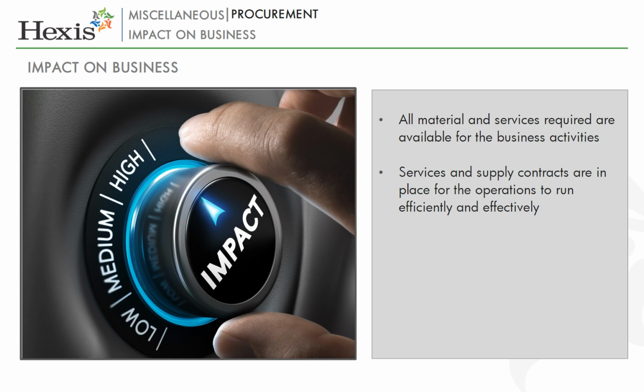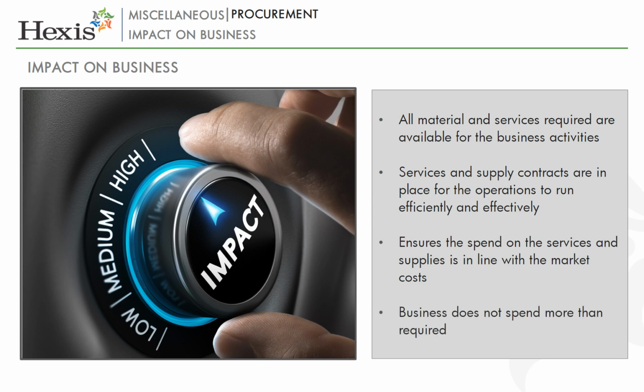This includes contracts for services like mailroom, housekeeping, M&E, etc., contracts for AMCs, and contracts for consumables and other supplies. The procurement function also ensures that the spend on the services and supplies is in line with the market costs and the business does not spend more than what is required.